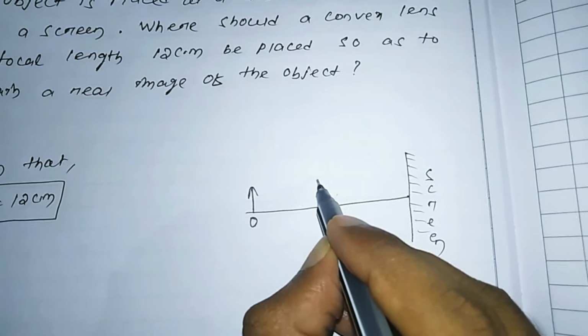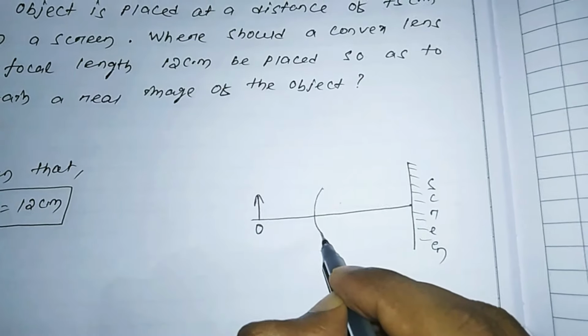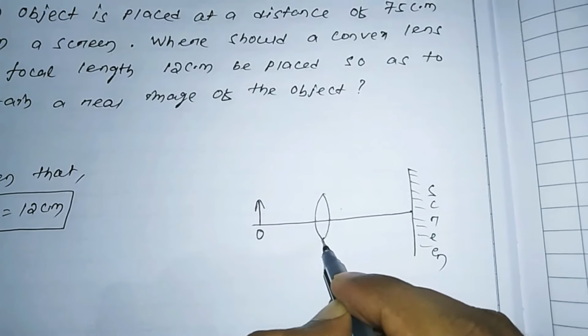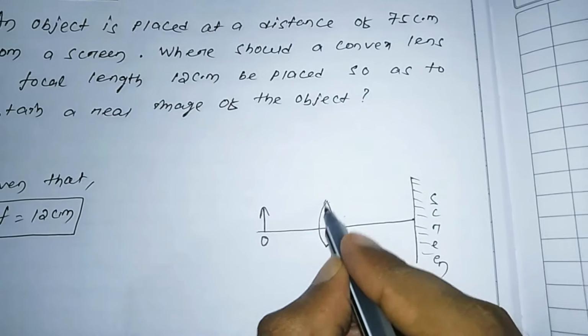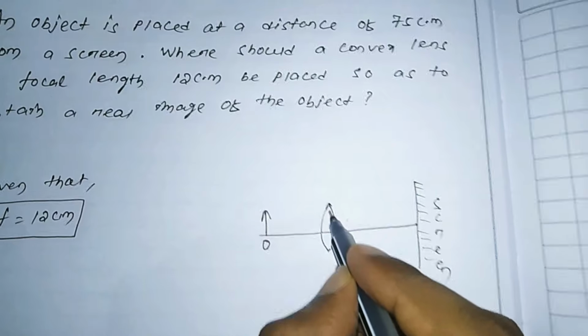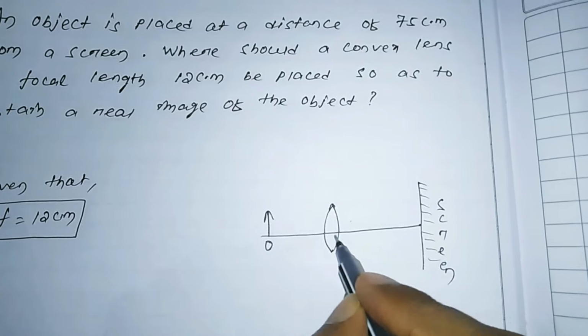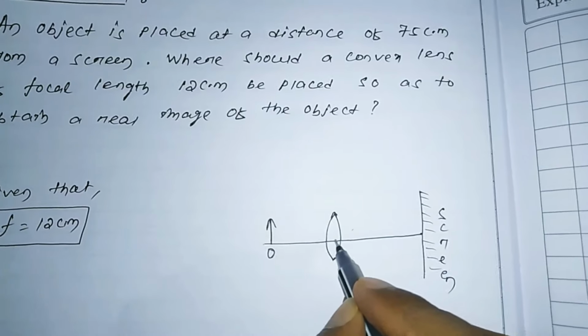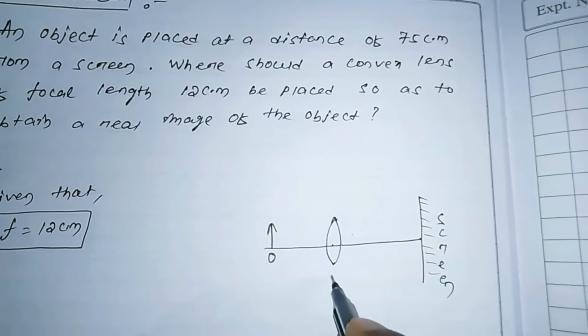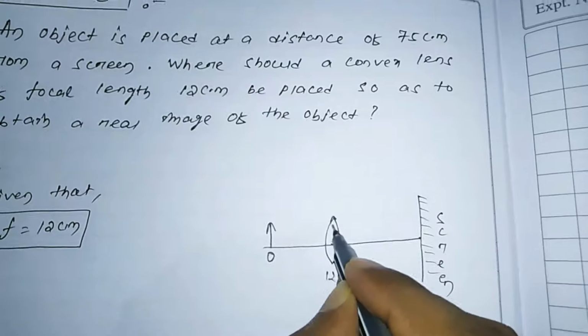Let us consider this is our convex lens. We don't know where to place the convex lens, so this is our guess. Maybe this is our convex lens with focal length 12 centimeter.